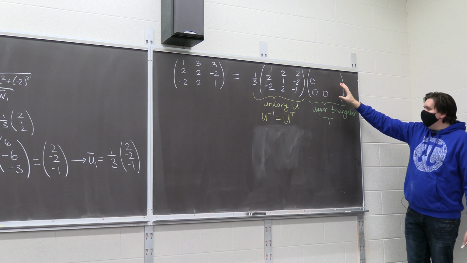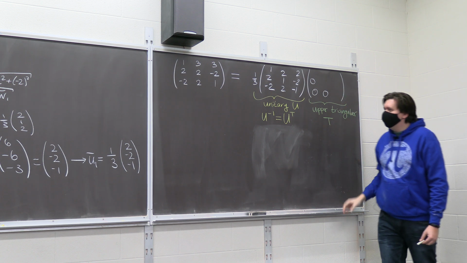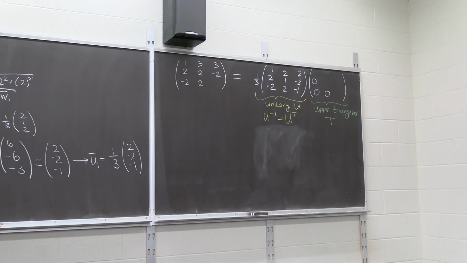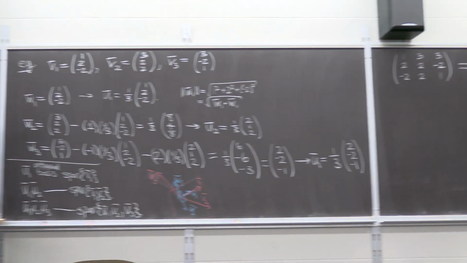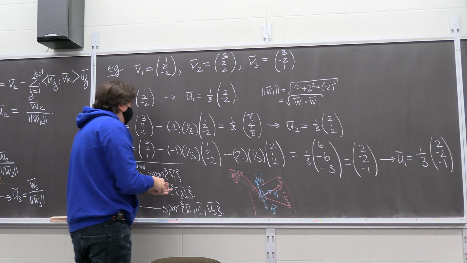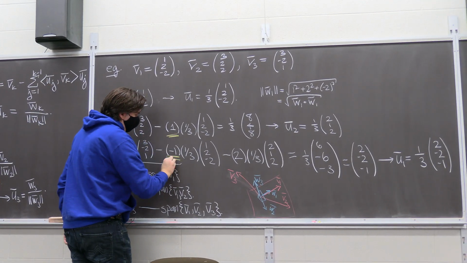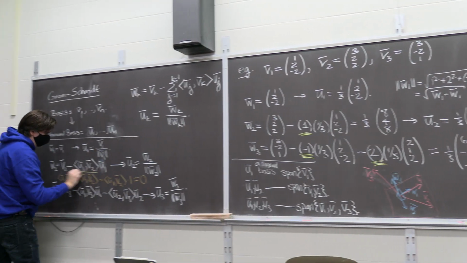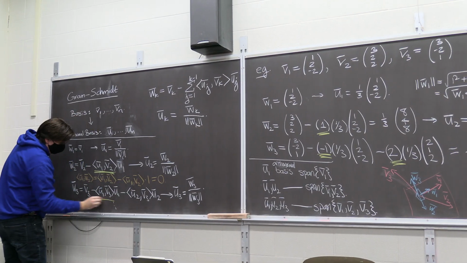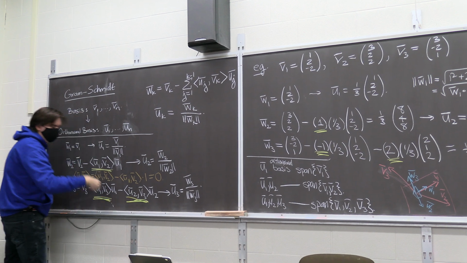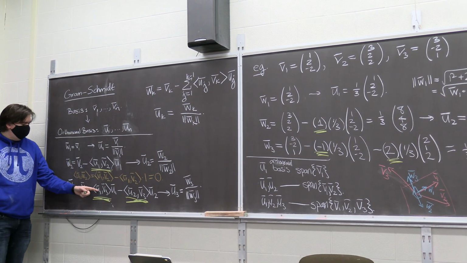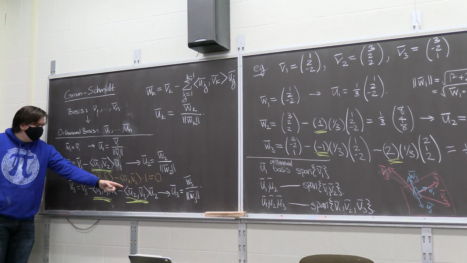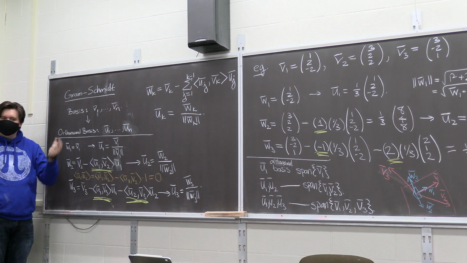And the values of this upper triangular matrix, where do they come from? It's already in here. It's already popping out at you in the Gram-Schmidt. It's things like this, and this, and this. It's these inner products between your new vectors u1, u2, u3, and your original vectors v1, v2, v3.